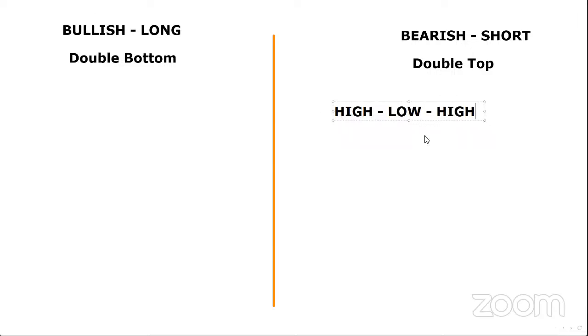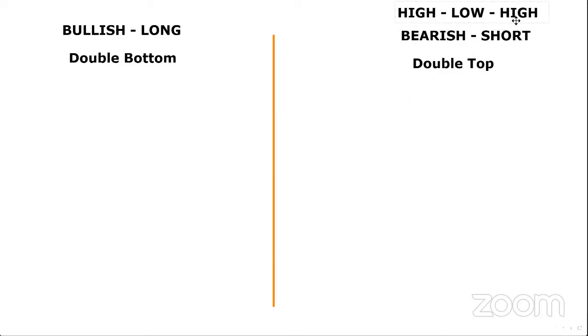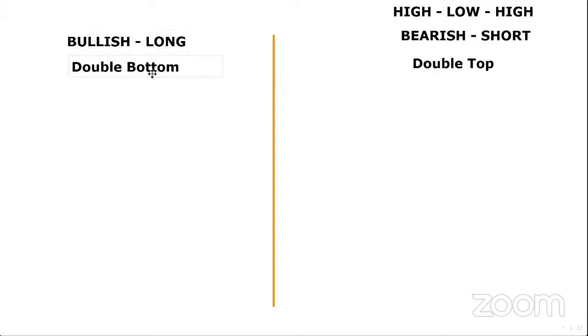High, low, high. On the other hand, the bullish one, the double bottom, is simply the opposite. We would have, in this case, low, high, low. This is simply how it works.